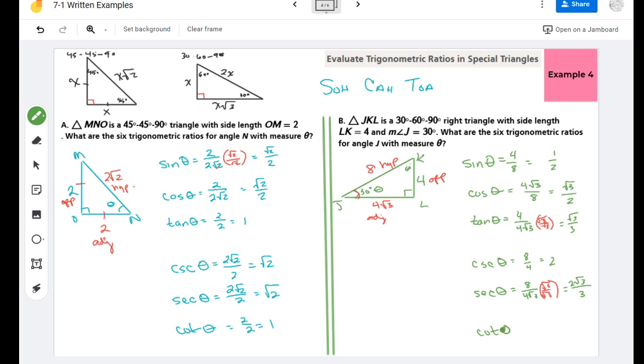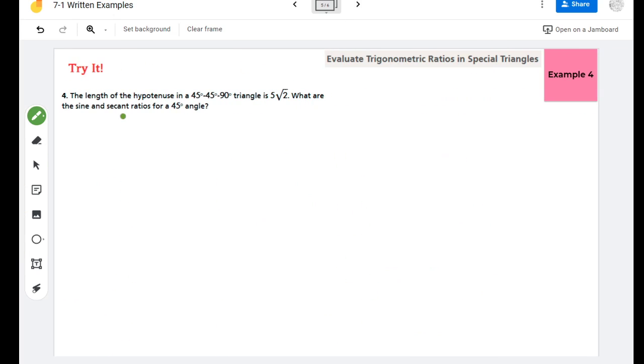And then my cotangent is just going to be my adjacent over my opposite. So 4 root 3 over 4, which is just root 3. Alrighty, so we're going to do it one more time now just with that try it. Hopefully now it's super easy.